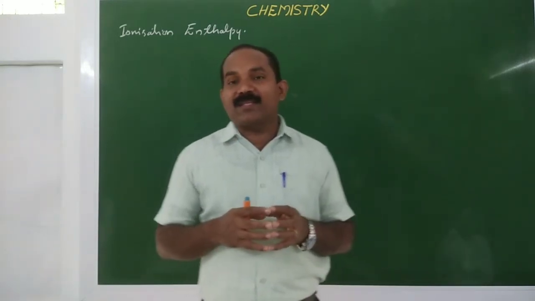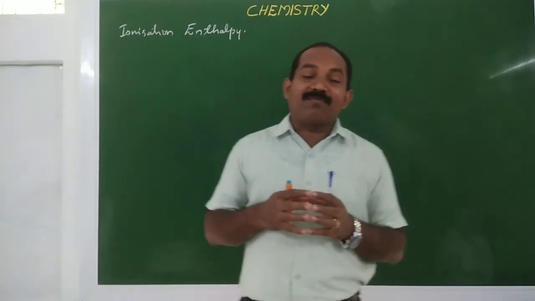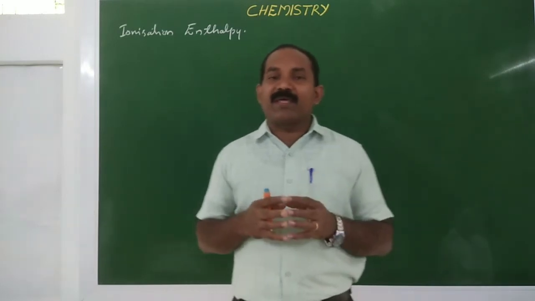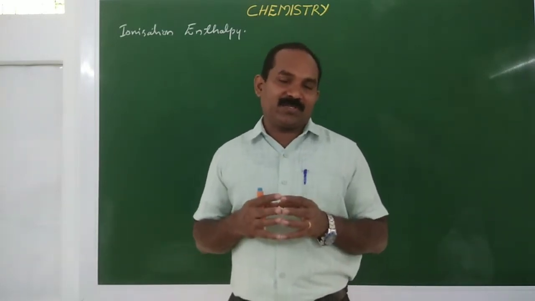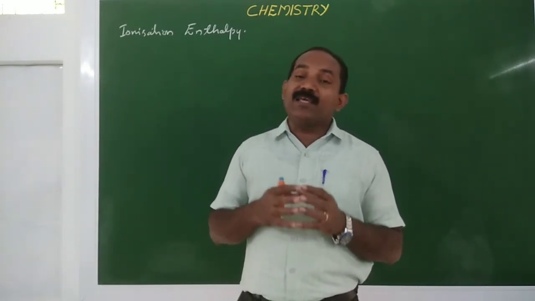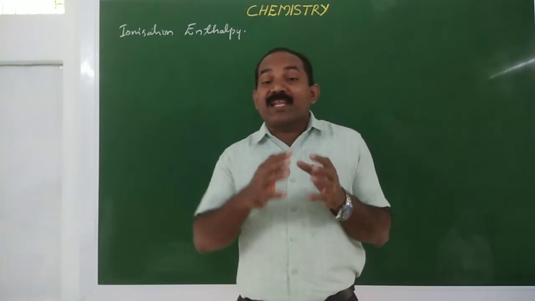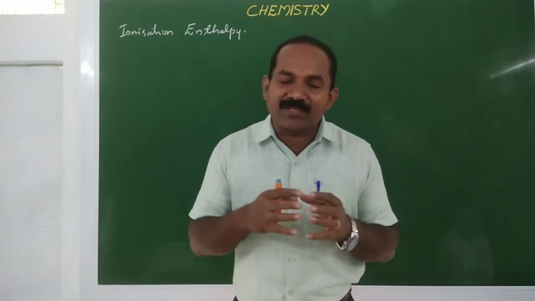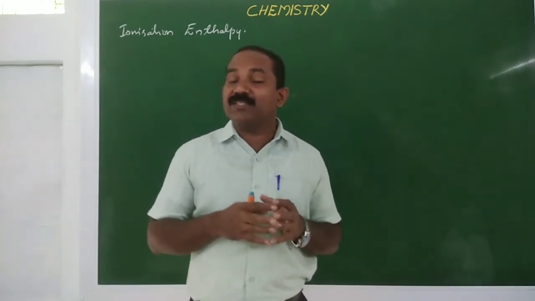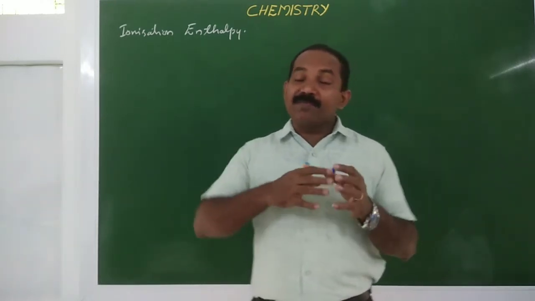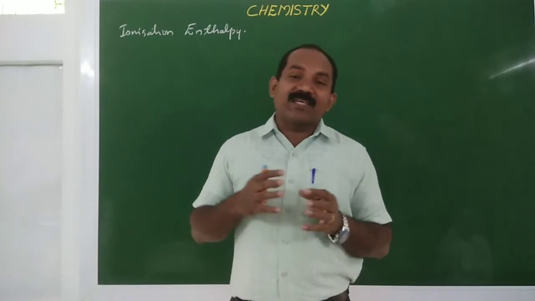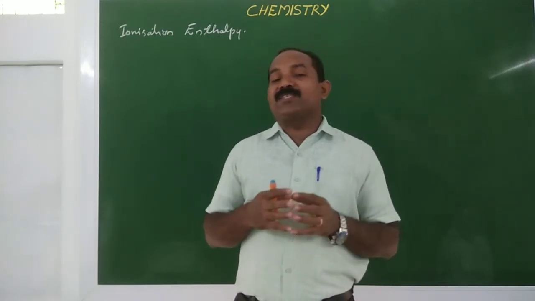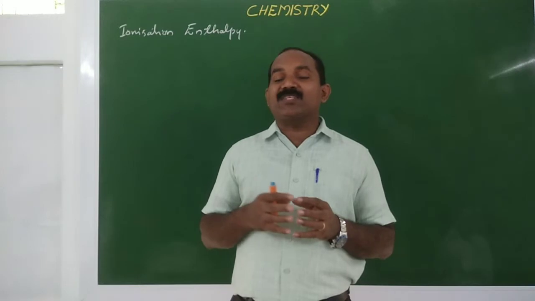The second factor is magnitude of nuclear charge, or simply nuclear charge. The third factor is the screening effect or shielding effect. And the fourth factor affecting the ionization enthalpy is penetration effect.